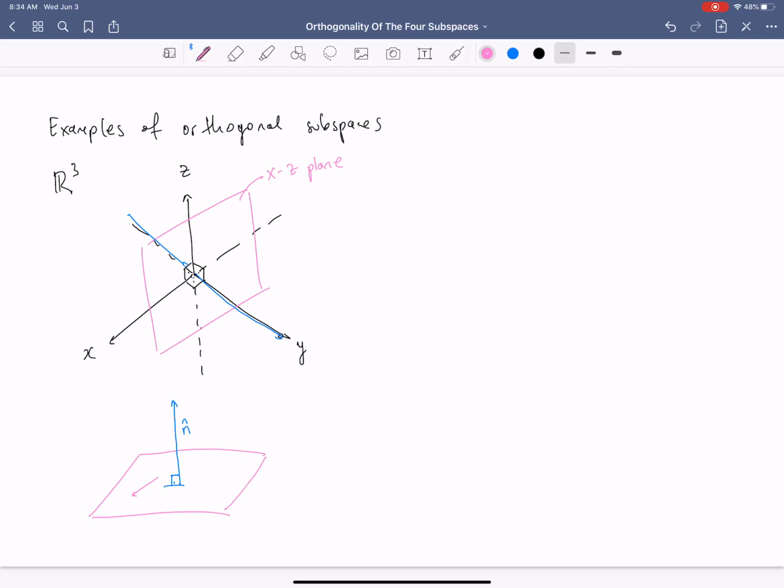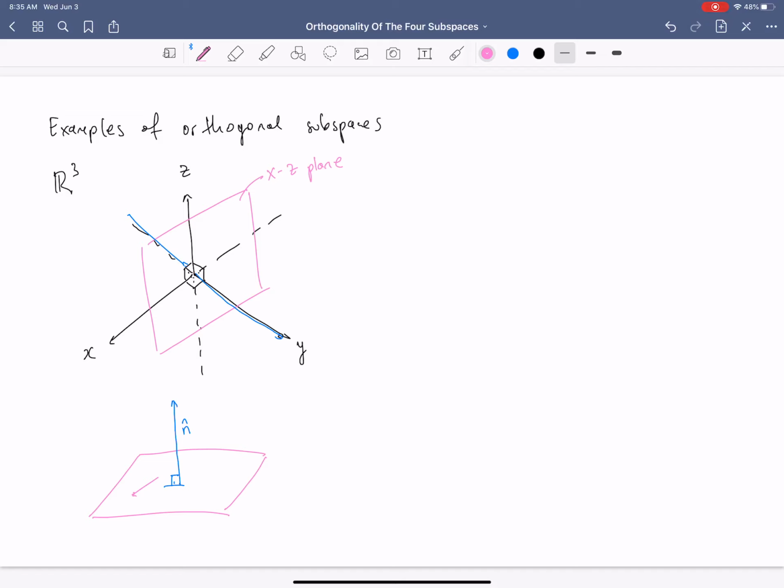Now, when I'm trying to represent 3D space on a 2D page, it might be difficult to see, but think of it as maybe the floor in your room, and then the line between two adjacent walls. That line is perpendicular to anything on the floor, no matter what line on the floor you would take.